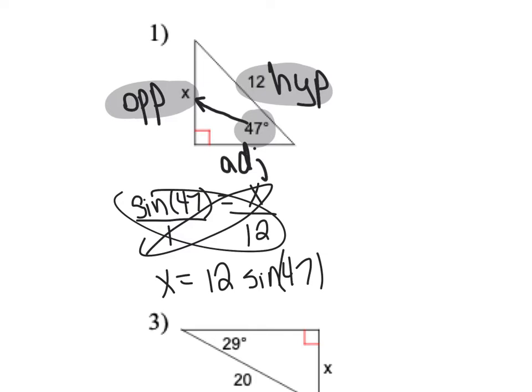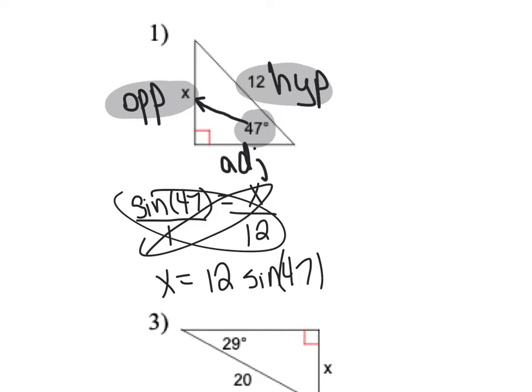Remember the sine of 47, going back to what we learned earlier today in our lesson video, is the relationship between that opposite and hypotenuse side, and it's a decimal value. So the sine of 47 is a number. It's not some variable or magic something that you don't know what it is. It's a decimal, and we stop at 4 digits.